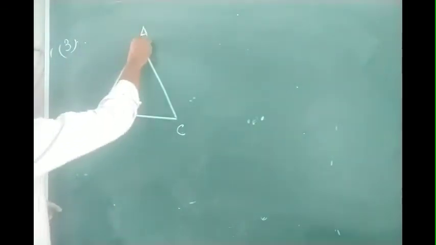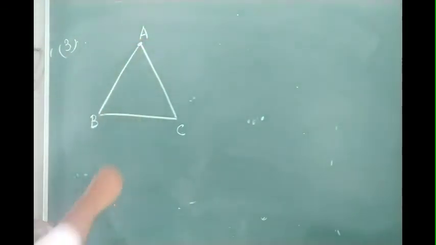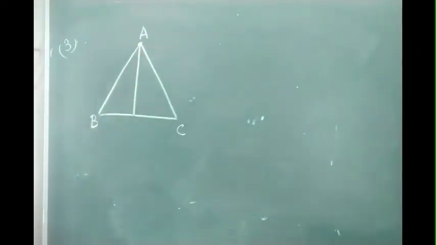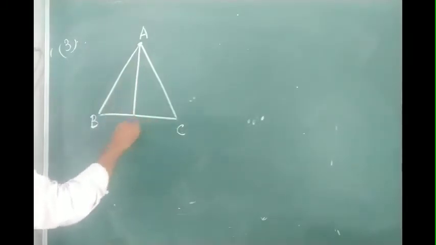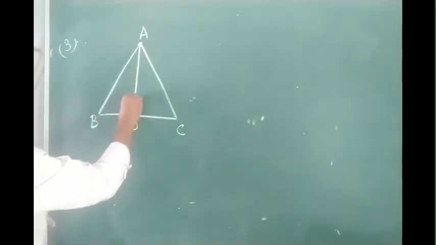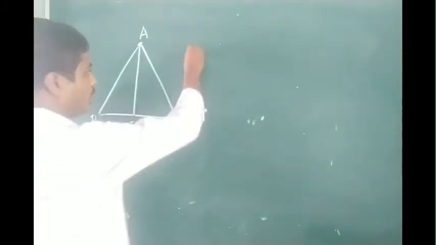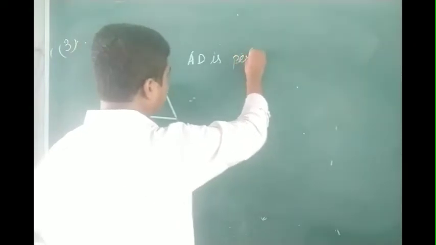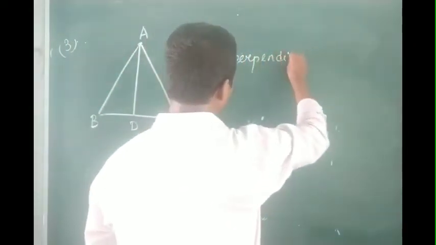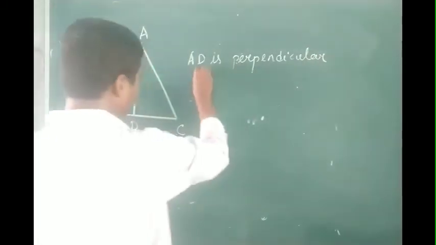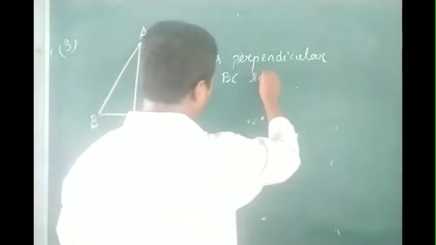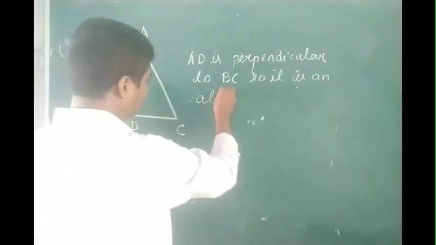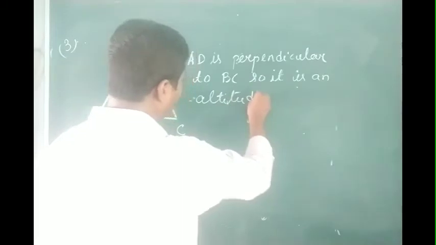Suppose I consider this as a vertex A. I draw one perpendicular from the point A to the line BC. So if this line is perpendicular to the line BC, then this can be considered as an altitude. AD is perpendicular to BC. So it is an altitude.